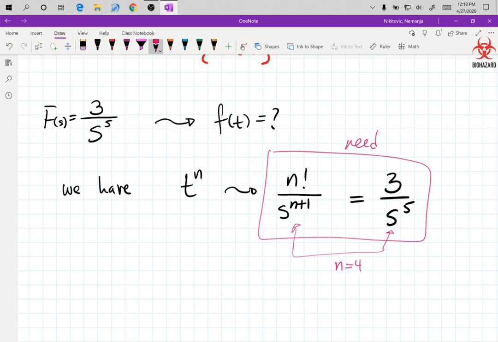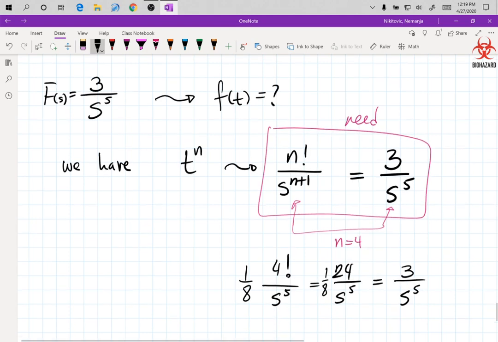But as soon as I put n is 4, in the formula I get 4 factorial over s to the 5. Well, that's 24 over s to the 5. But I can't have 24 because I need 3. So I also need a coefficient of 1 over 8 in front, because that's going to reduce it down to 3 over s to the 5.